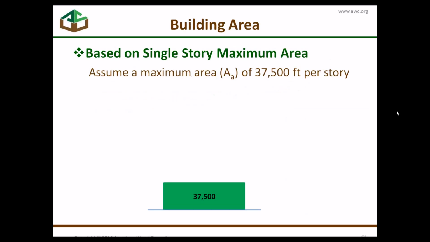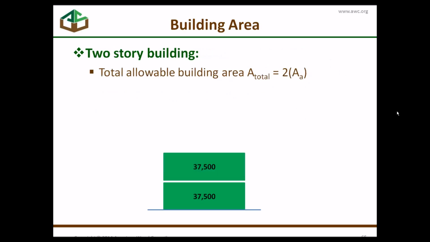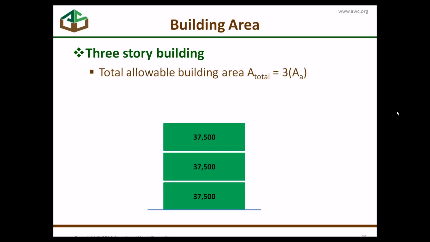How does that work? Well, you have 1 story at 37,500 square feet. I pulled a number out of the air. Let's say we calculated our allowable area per story at 37,500. If we have a 2-story building, Section 506 in Chapter 5 says you can have twice that allowable area.